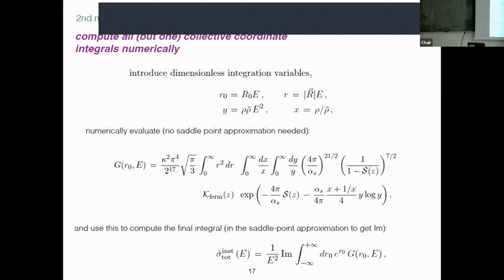So in the second approach, which is a paper with Michael Spanovsky and my student Dan Milne, we do all of these integrals numerically. Better to say we do all integrations over all collective coordinates but one numerically.